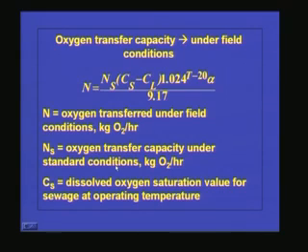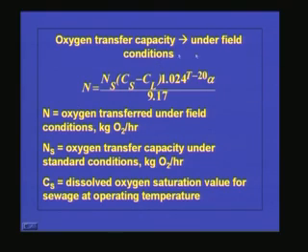For that we use another term known as oxygen transfer capacity. This oxygen transfer capacity we define under field conditions, depending upon the wastewater characteristics, the turbulence, the temperature and the dissolved oxygen concentration, and we can find out the oxygen transfer capacity.